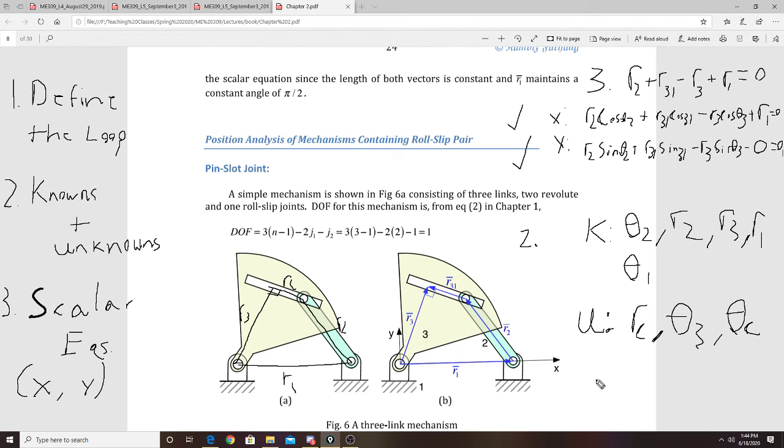How many unknowns do we have? We have 3. So that is a bit of a problem, wouldn't you say? We do not have enough equations to solve for our unknowns. But luckily, through the power of geometry and friendship, we will find there's one more equation that we can figure out, right?